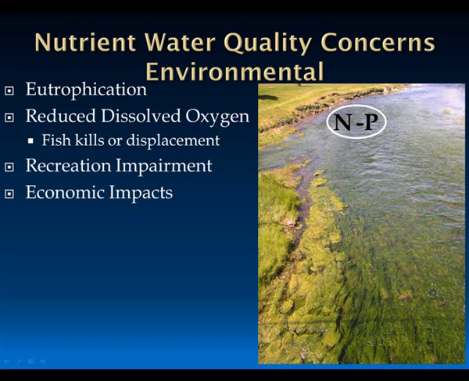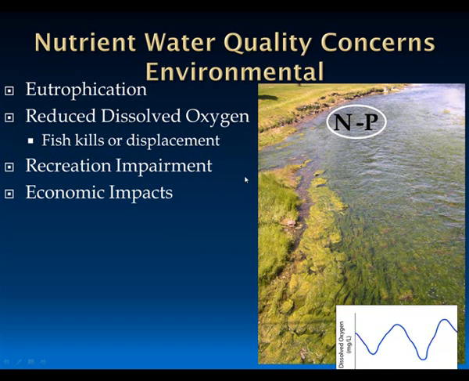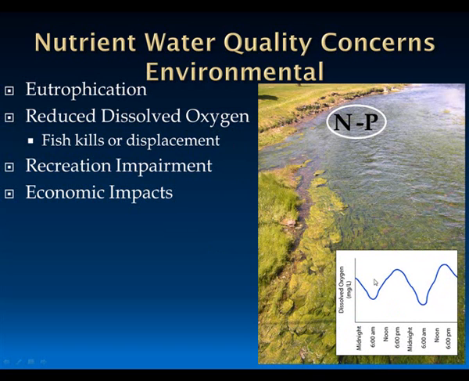And we'll talk a little bit more about reduced oxygen effects, and you can get these swings in dissolved oxygen over the course of a day because of these algae, and we'll talk more about that.